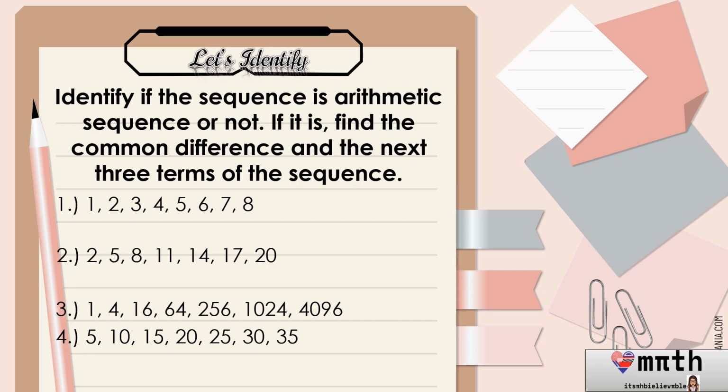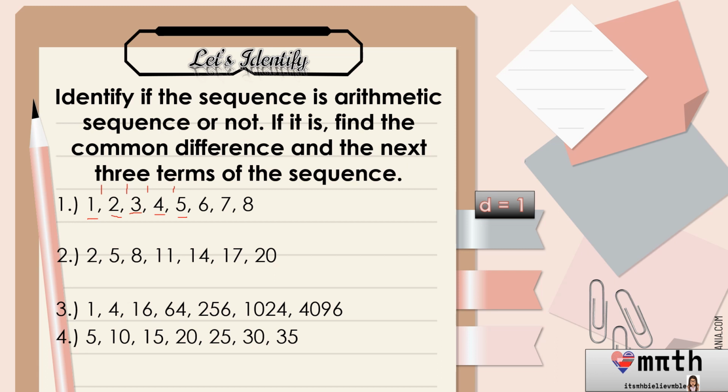So based on this, through inspection, 2 minus 1 is 1. 3 minus 2 is also 1. 4 minus 3 is also 1. 5 minus 4 is also 1, and so on and so forth. So all of the differences are equal to 1. Therefore, our common difference is d equals 1.